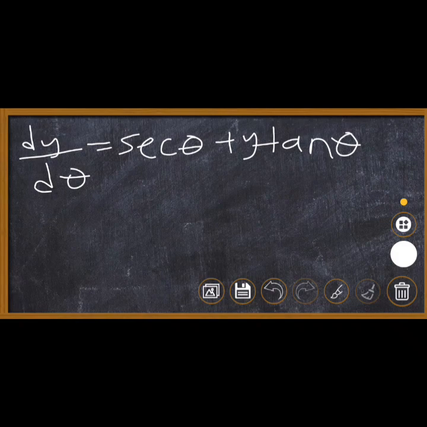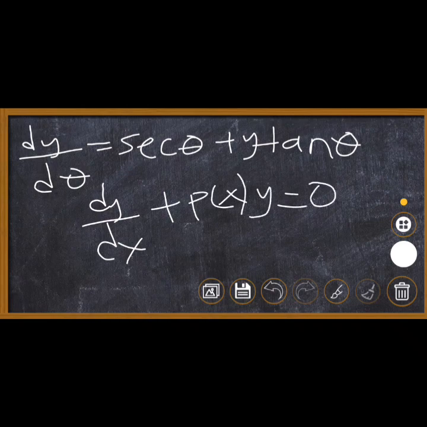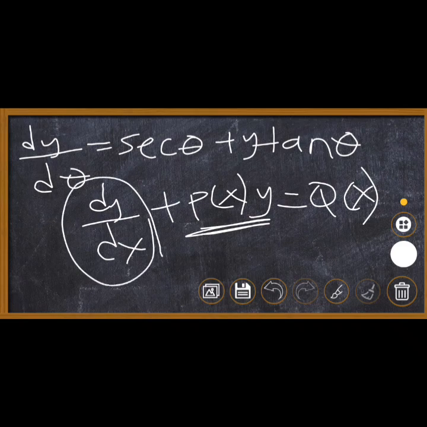In this case, how would you write this in the form of the standard equation where we have dy over dx plus p of x y equal to q of x? Always remember, whatever function has y should be here. Then dy over dx, the differential equation, should be here. And the remaining other values should be on this side.